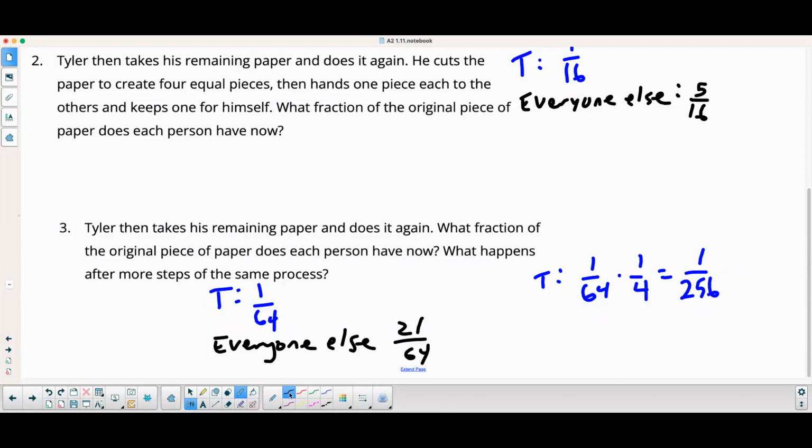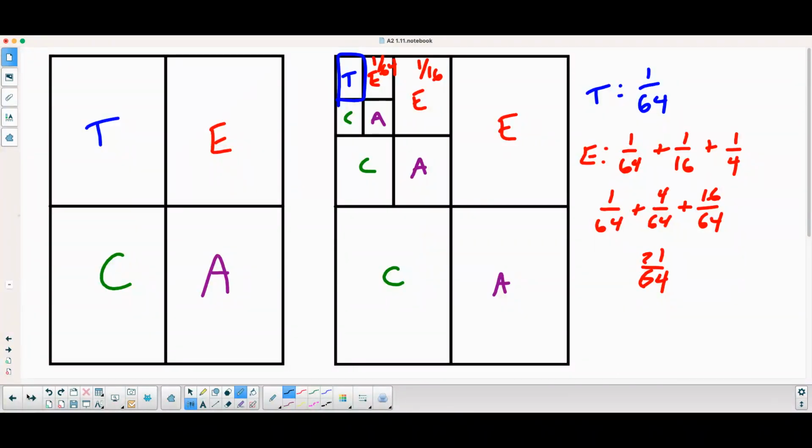And then everyone else, you take what they had before, and you would add the 1/256. Okay, so you can kind of follow the pattern there and keep adding it up.